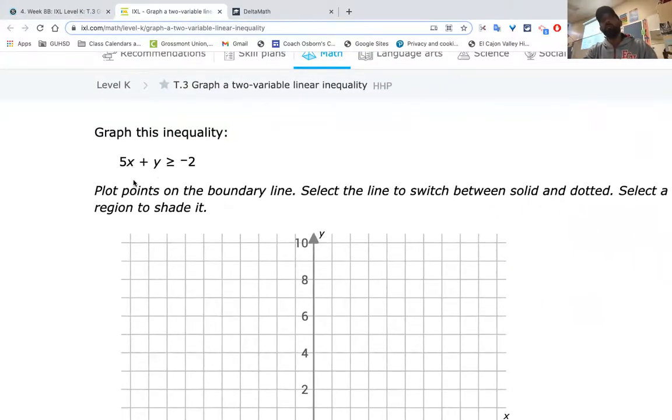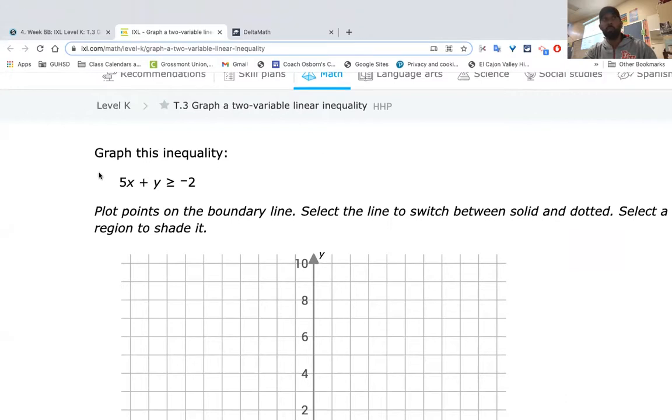If you're trying to go to 100, what you have to do with this is put it in y equals mx plus b. All right. So just a quick demonstration on how to do that. If you guys remember, you have to rewrite the equation. You have to go minus 5x here. You got to do that basically on both sides, because what I'm trying to do is get the y by itself.